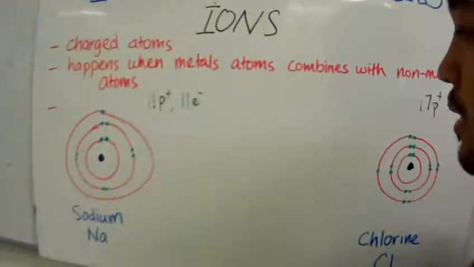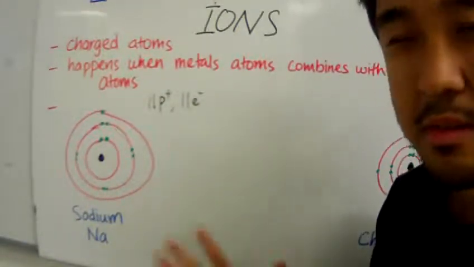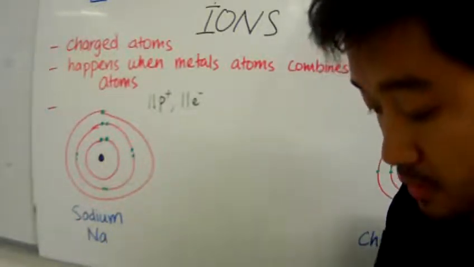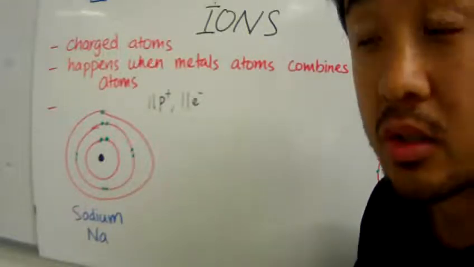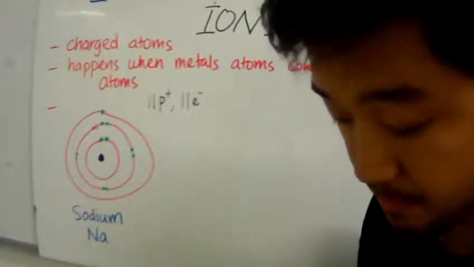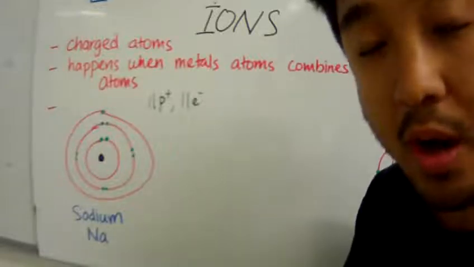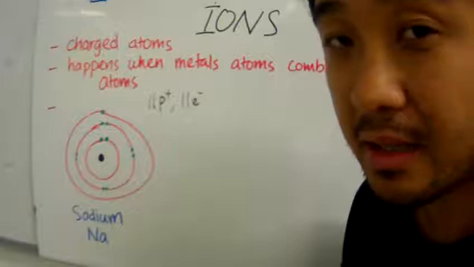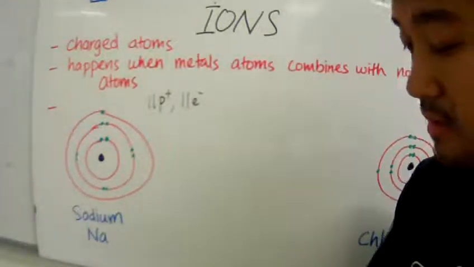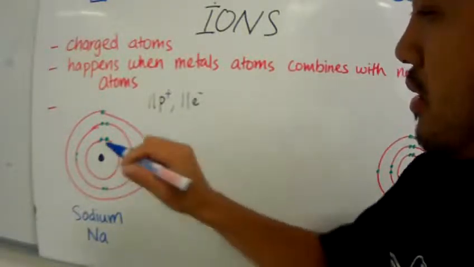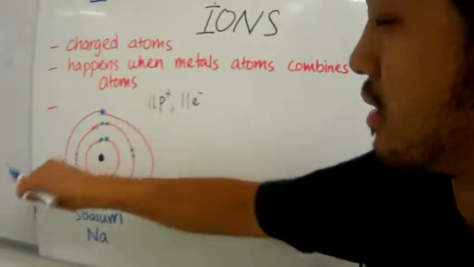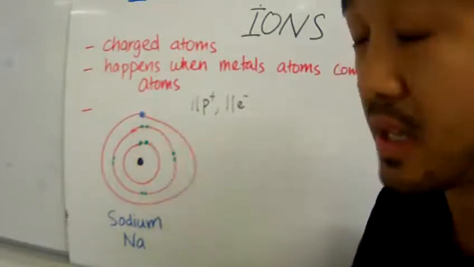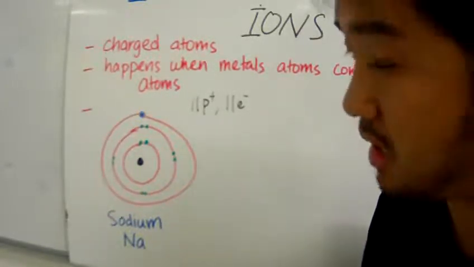Now, when the two atoms come together and combine to form a compound, one of them is going to lose an electron while the other is going to gain that electron. All right, let me color this electron blue so you are able to clearly identify that that's the electron we're interested in.